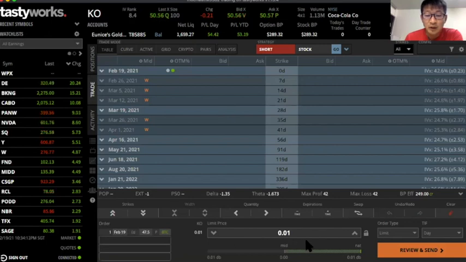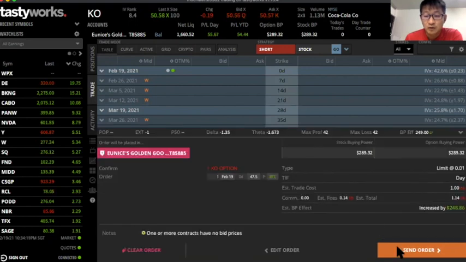It will tell you that you can buy to close your position, and you still need to pay a fee of 14 cents over here. You still need to pay 14 cents if you want to close this position now.